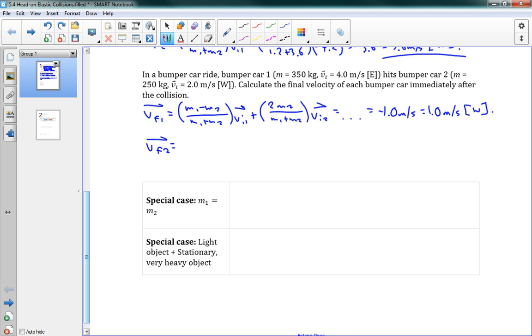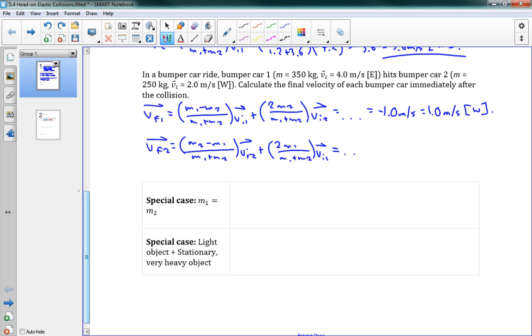VF2, same idea. We have m2 minus m1 over m1 plus m2 times VI2 plus 2m1 over m1 plus m2 times VI1.